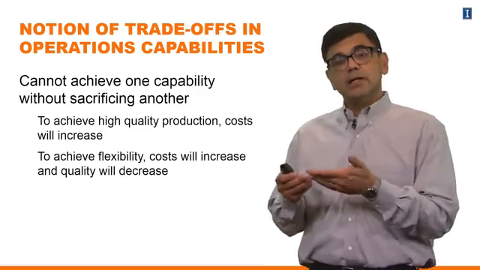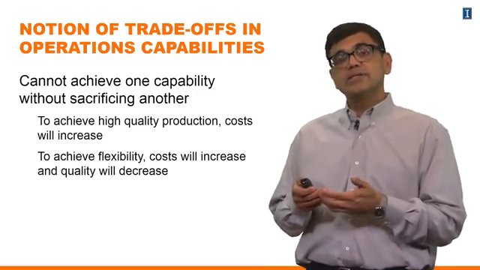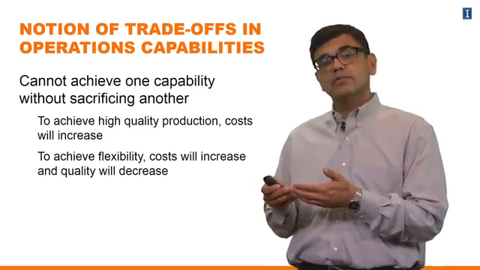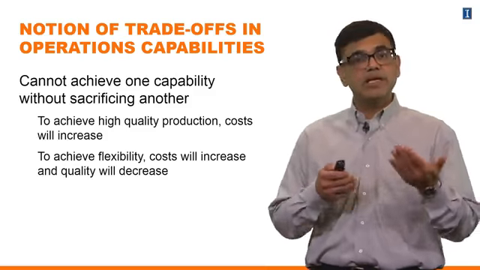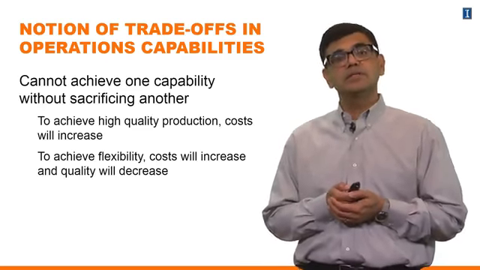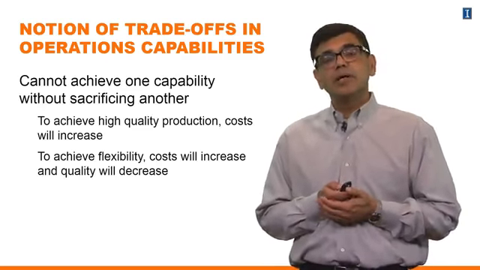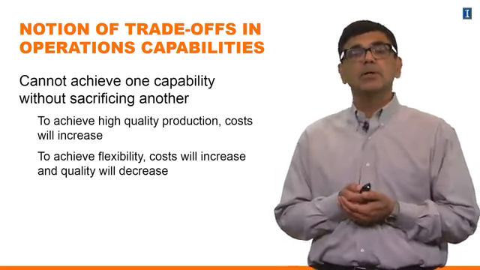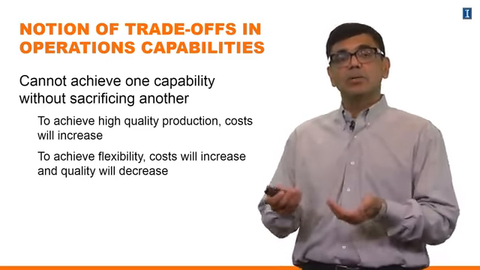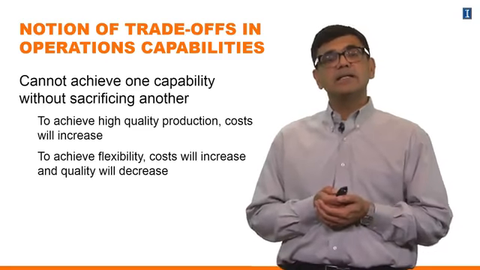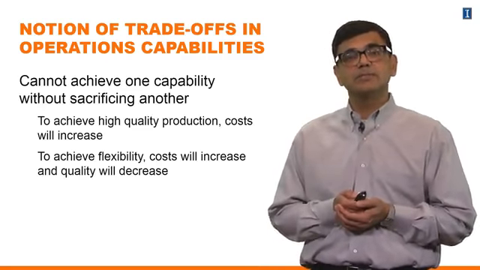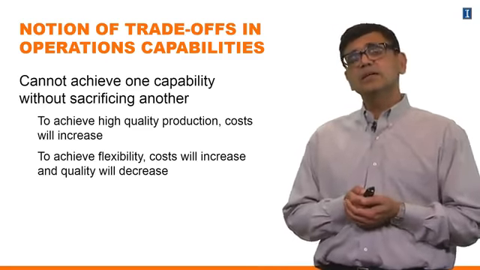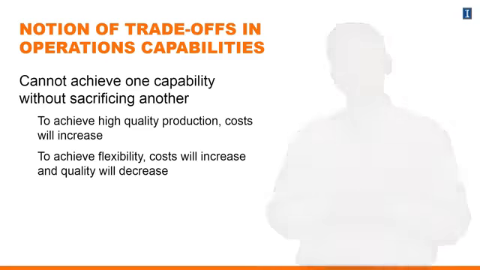If you need to offer customers different types of variations in your products, be it a physical good or a tangible service, the costs are going to go up. And it's possible that quality will also get compromised when you increase the variety and increase the flexibility that you're offering customers. So let's take a closer look at this idea of trade-offs and see what exactly this means.